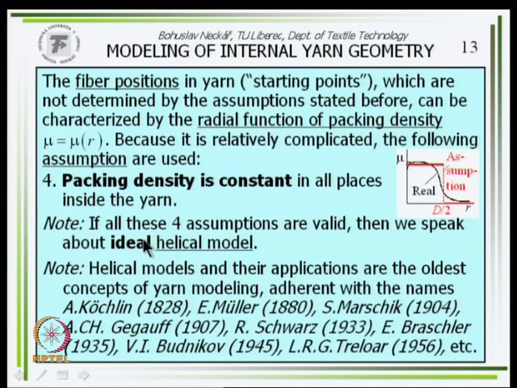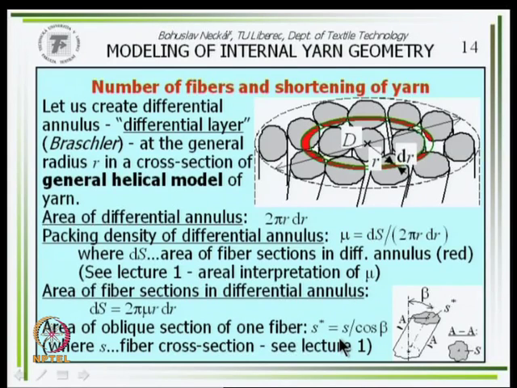The helical models and ideal helical models are in a lot of publications. Some of the known authors I mention here, from Kechlin, 1828, to Treloar, who completed this helical model in a relatively complete concept. Well, this is, I can say, the definition or description of what a helical model is.